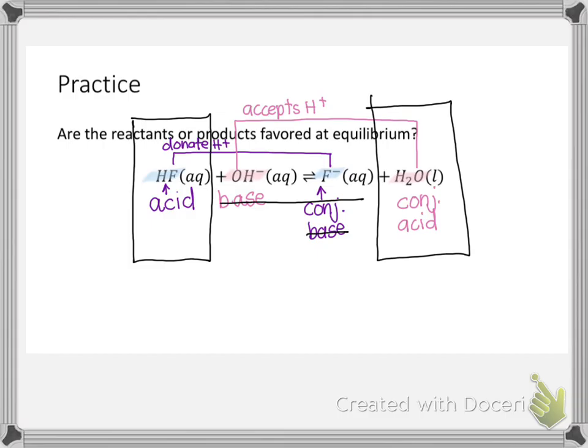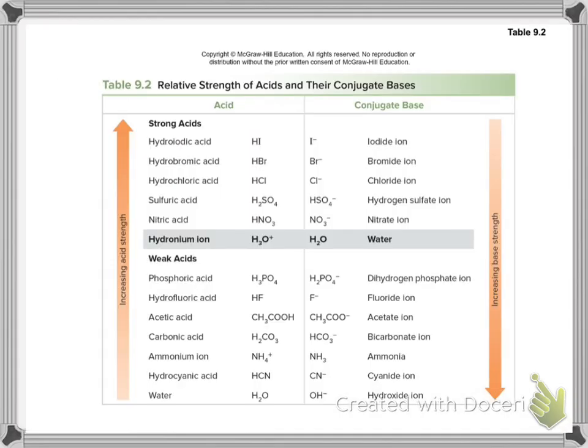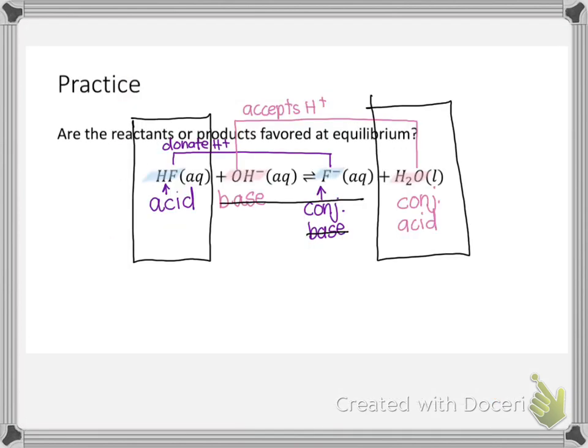So I need to look up HF and H2O. Here is HF and here is H2O. Of those two, HF is stronger and H2O is weaker. So HF is the stronger acid, and this is the weaker acid of these two. I'm comparing acid to acid.